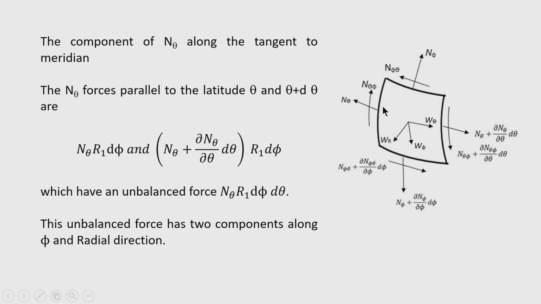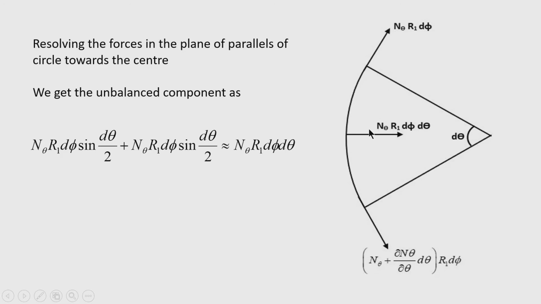and if you see, these two forces will have an unbalanced component towards the center, and that unbalanced component can be seen here, because it is the component that we have found on the one edge, total component n theta r 1 d phi. On the other edge, it is n theta plus del n theta by del theta into d theta r 1 d phi. So, resolving this towards the center of the parallel circle, and if this angle is d theta, then this component will be n theta r 1 d phi sin d theta by 2.